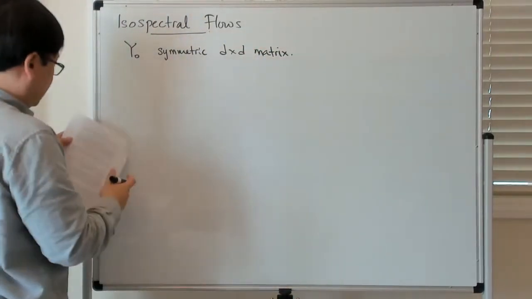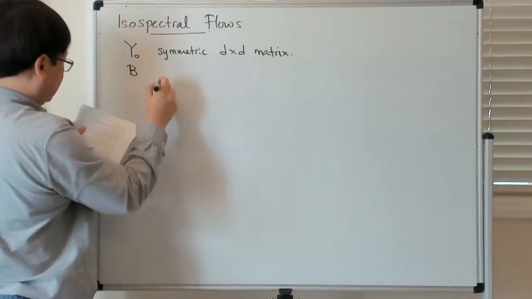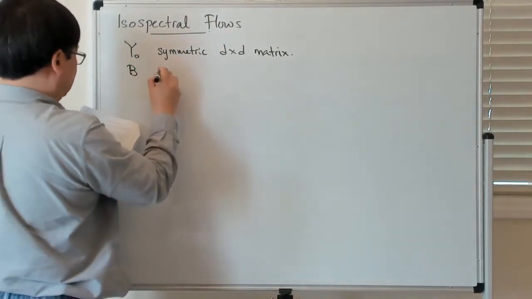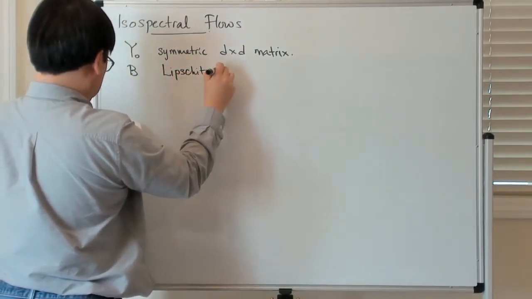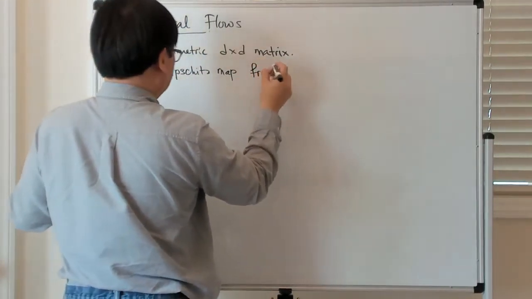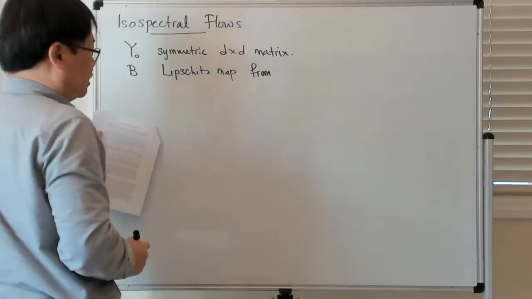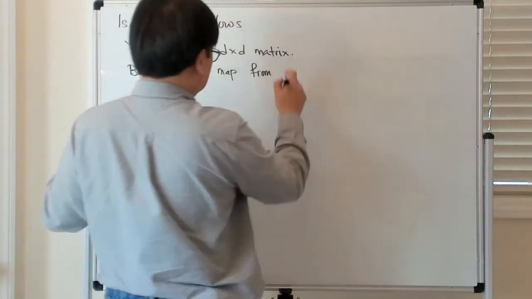Okay. And then you have some function b, which is a Lipschitz map from symmetric d by d matrices to skew symmetric d by d matrices. Okay.